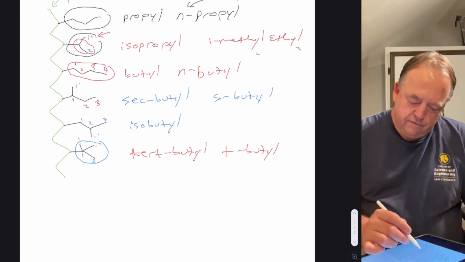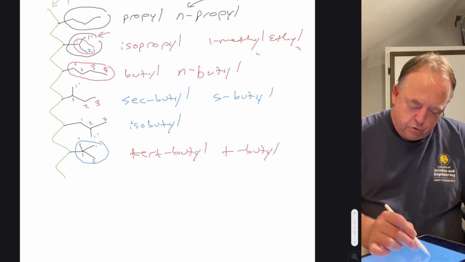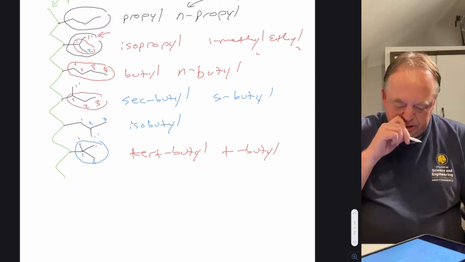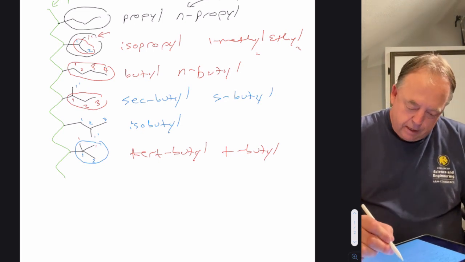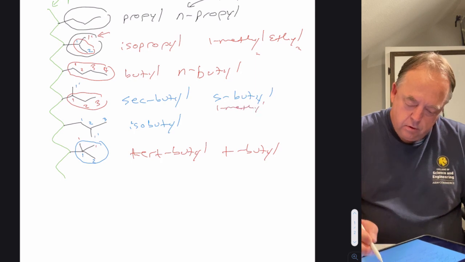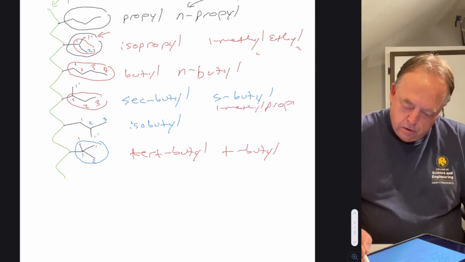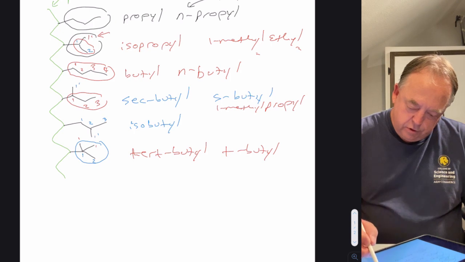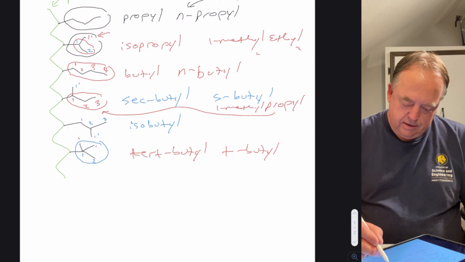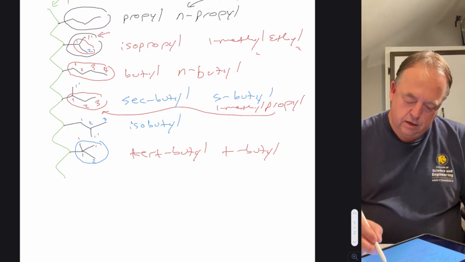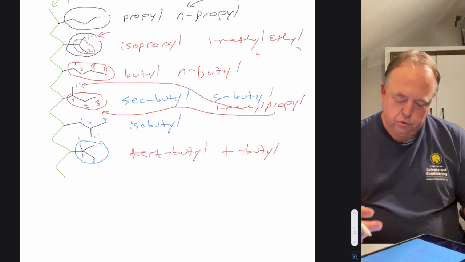And if you wanted to do that for the sec-butyl, that's a 3-carbon substituent off of the green parent, and on the first carbon there's a methyl, so a sec-butyl could also be called a 1-methylpropyl, right? Propyl because of the 3 carbons off of the parent, and 1-methyl because of the CH3 on the first carbon of the propyl.